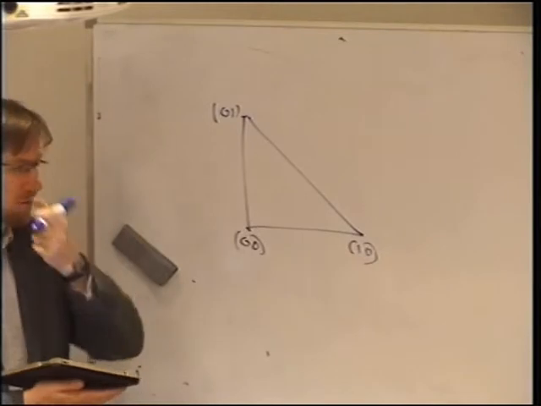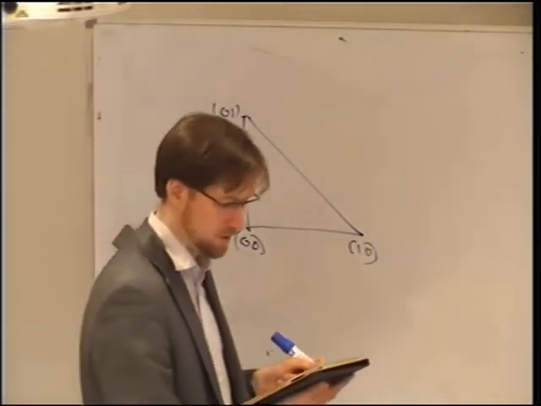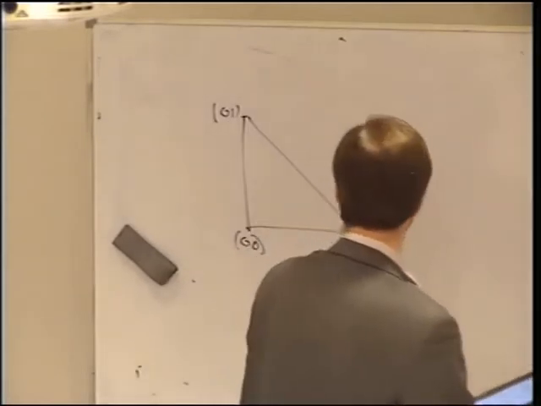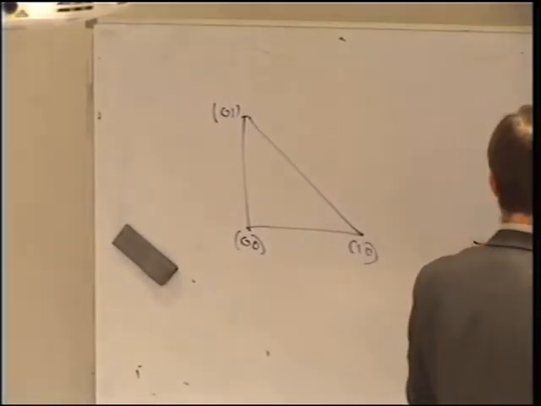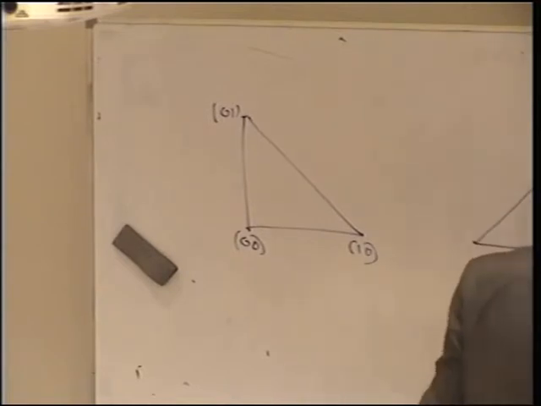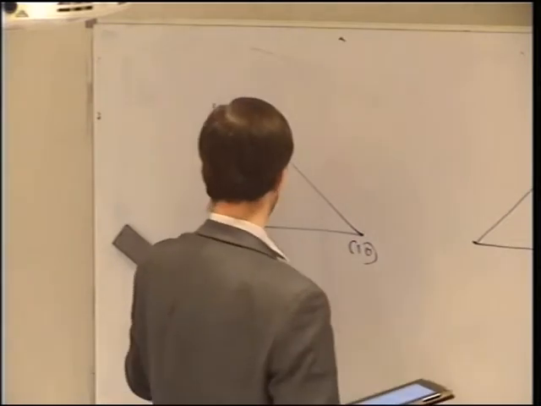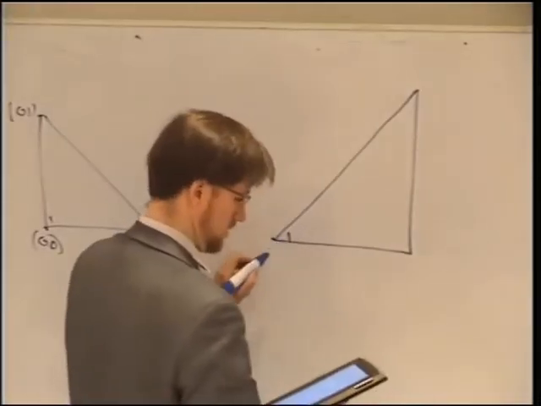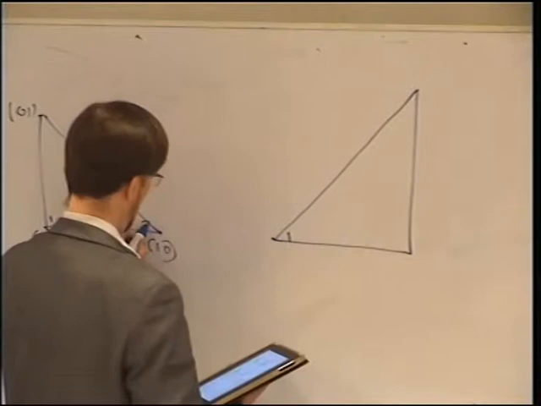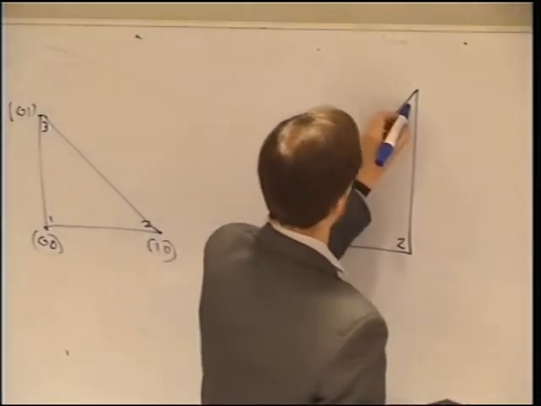And so Marie's very helpfully done an actual practical example where she has mapped this to another triangle which is the other way round and is somewhat bigger. And she's mapped it so that this is 1 and that's 1, this is 2 and that's 2, and this is 3 and that's 3.